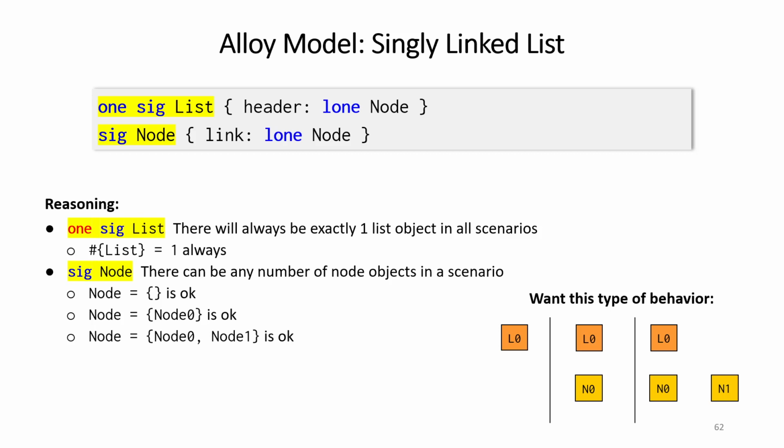This one list, actually, we could also represent it with a different way of writing this constraint. So we can also count elements in a set by using this hash, which is basically give me the number of elements in list, and then we can compare it to integers, but that gets a bit tricky. We will see why integers in Alloy are a bit tricky, because Alloy has to translate everything to a SAT solver, and then it doesn't have real integers.